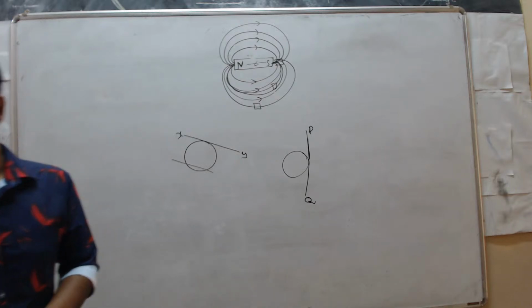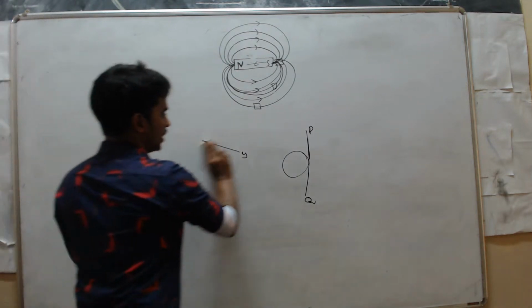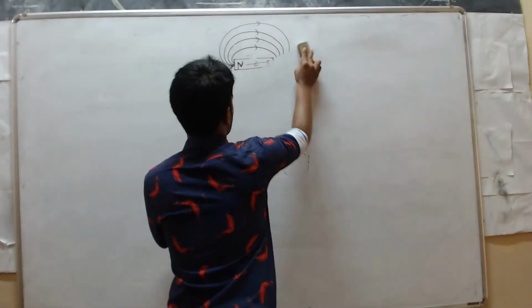Now here, the tangent at any point on the magnetic field line gives the direction of the magnetic field at that point. See here.